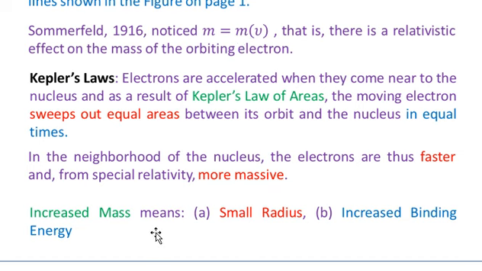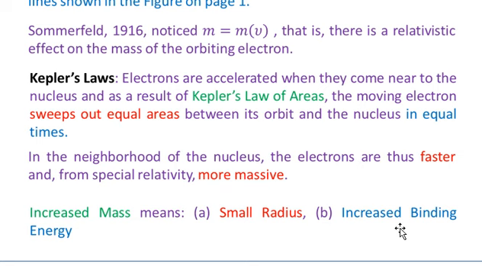Now increased mass means smaller radius, meaning the electron is closer to the nucleus, having a smaller radius and increased binding energy. So when the electron is closer to the nucleus, of course, it is strongly bound to the nucleus and has an increased binding energy.